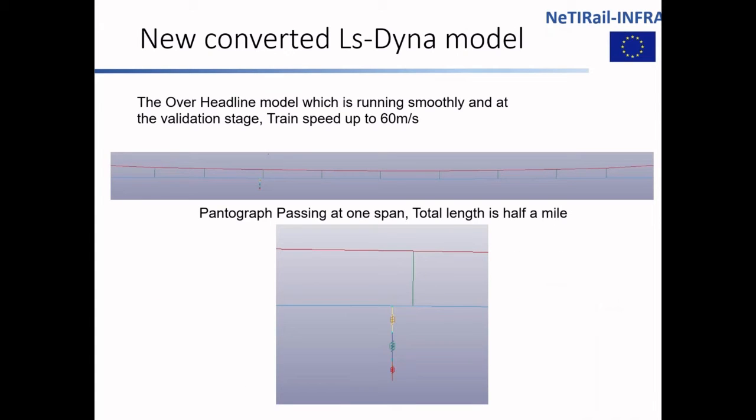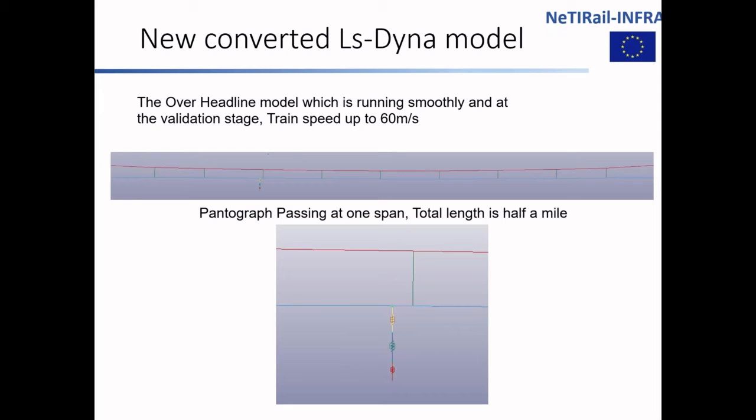So the models were created. We validated it at train speeds up to 60 meters per second.